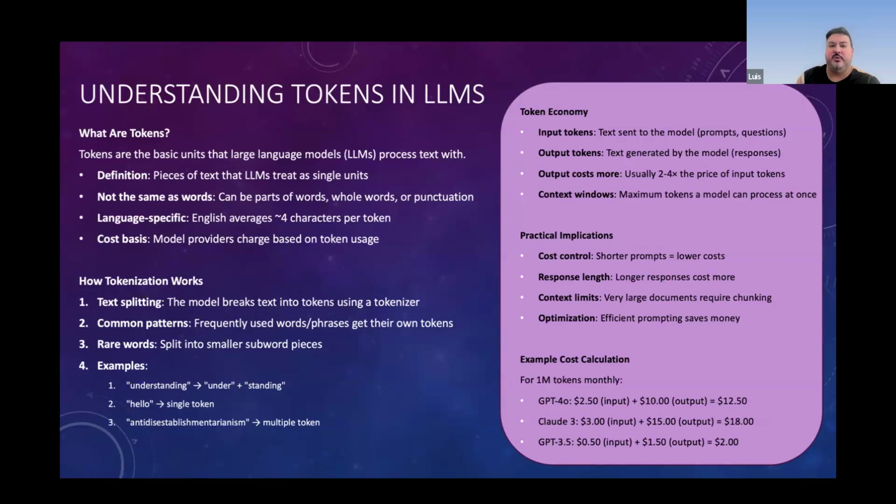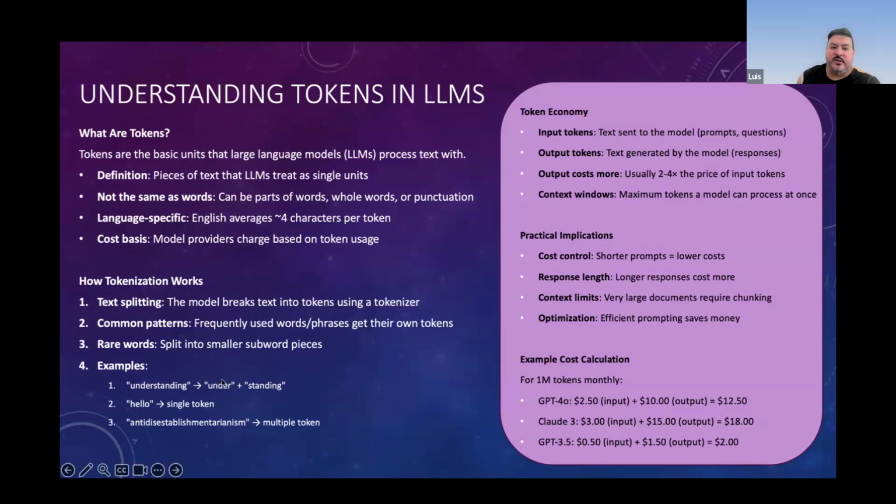You usually have to look up a token calculator based on your model, input your paragraph, and it will usually tell you, hey, this is how many tokens it is. But you can guesstimate by saying the average of 4 characters is usually 1 token. For example, understanding is a big word.